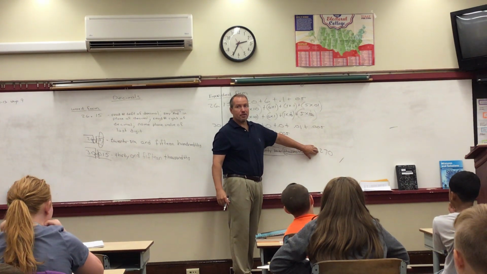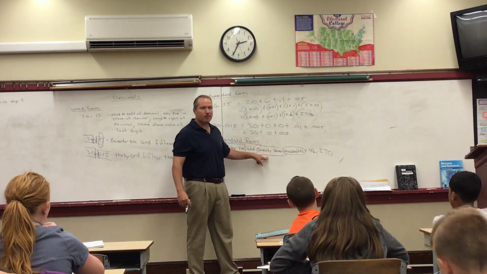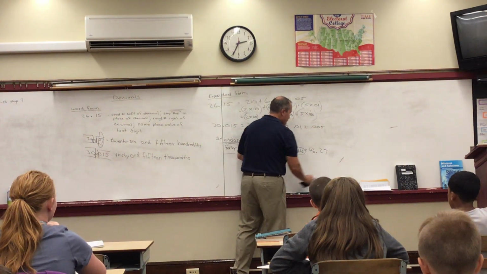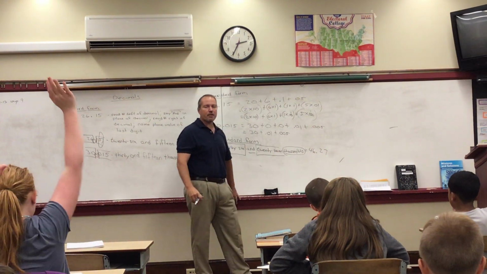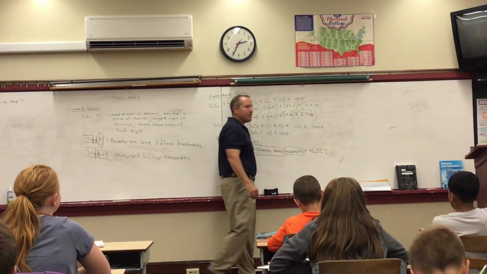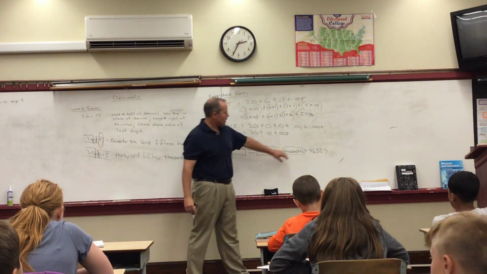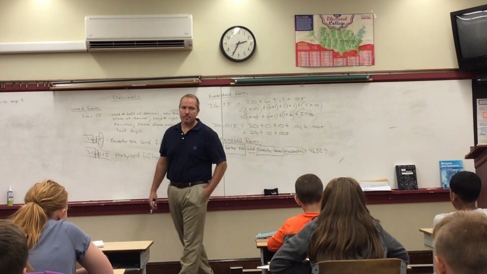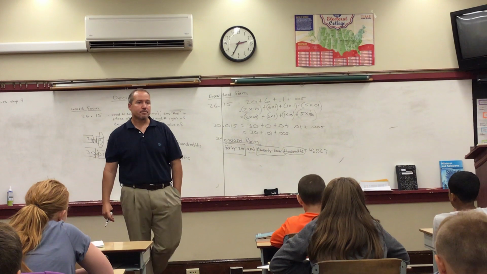Is that what we want? No. So we don't want to put the 0 behind it. Where do we want to put the 0? Alyssa? Between the 2 and the decimal. That way we still have our 27 and we go to the thousandth place. Okay? Questions about that?